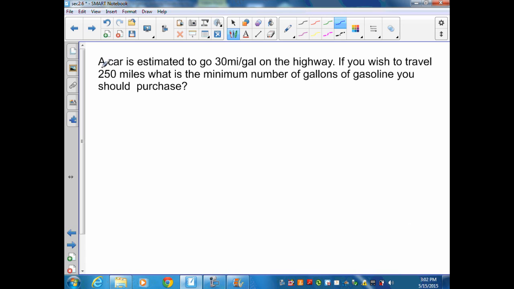Our next example. A car is estimated to go 30 miles per gallon on the highway. If you wish to travel 250 miles, what is the minimum number of gallons of gasoline you should purchase? I don't know how many gallons I need to purchase, so that's going to be my variable. So g equals my variable, and that's going to represent gallons, the number of gallons. But I do know for every gallon I purchase, I should be able to travel 30 miles.